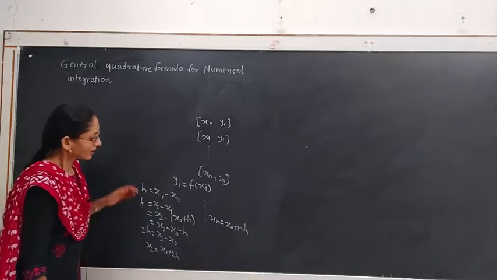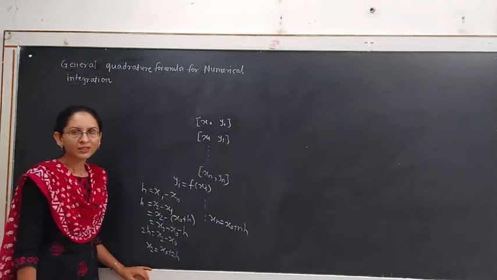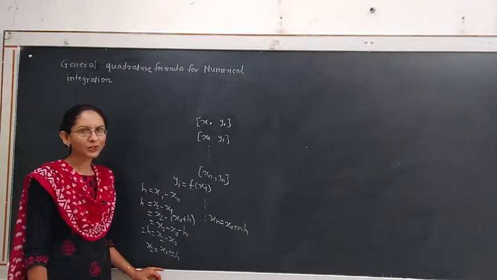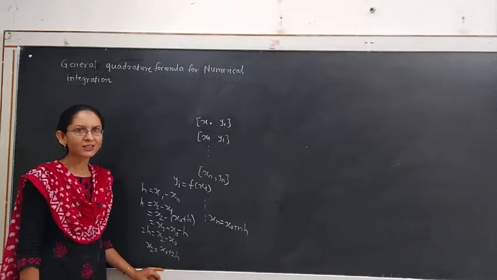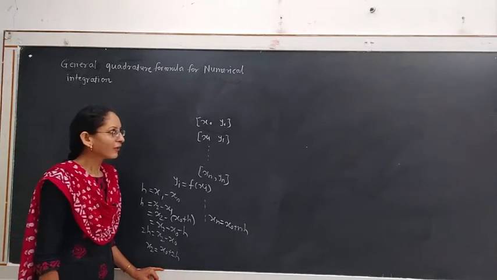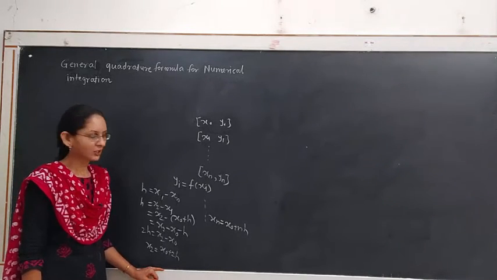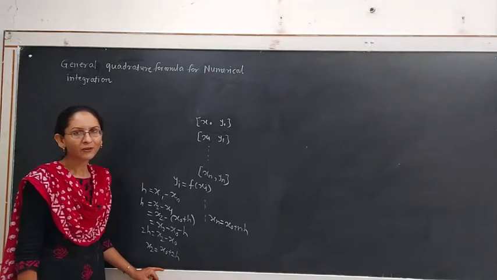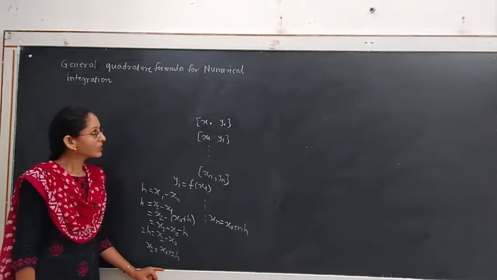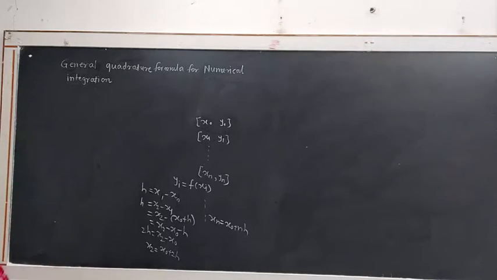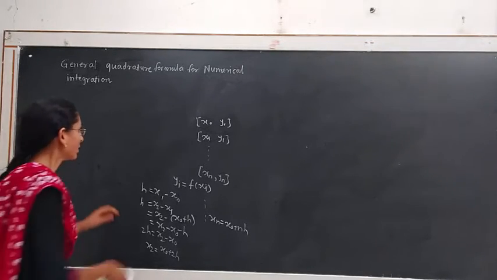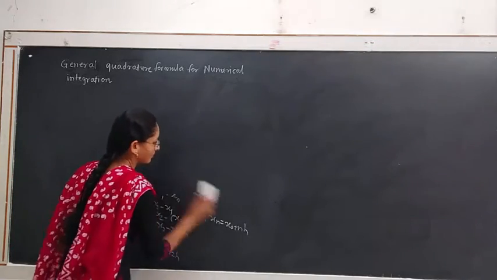Because the values of x are equally spaced, the difference between any two consecutive values of x is h, which is constant. The values of y are obtained from the values of x and the given function, yi is equal to f of xi. Now we see how to integrate the interpolating polynomial.